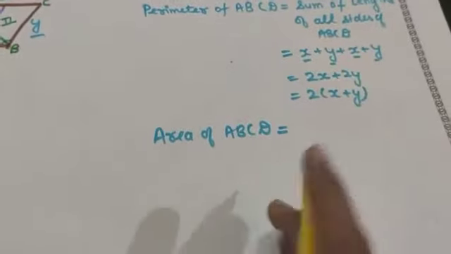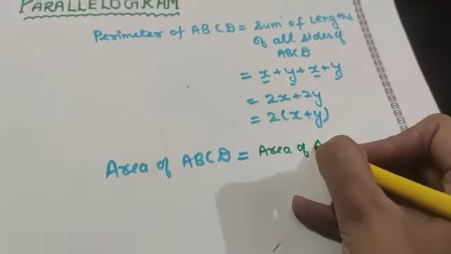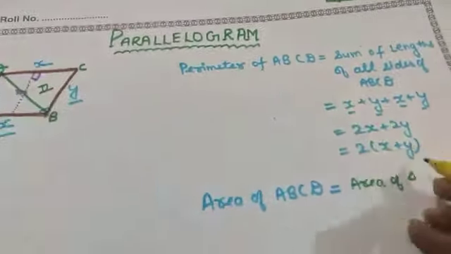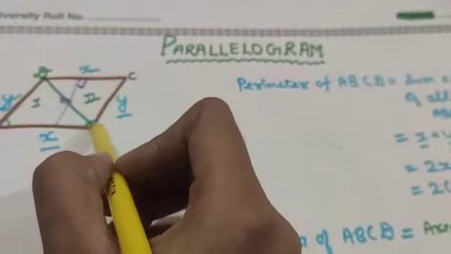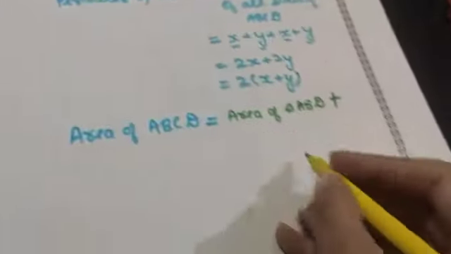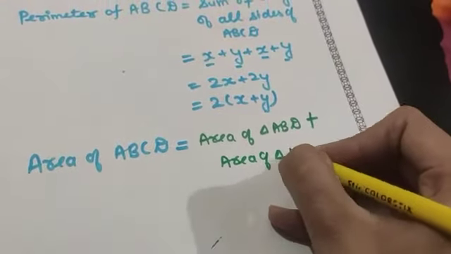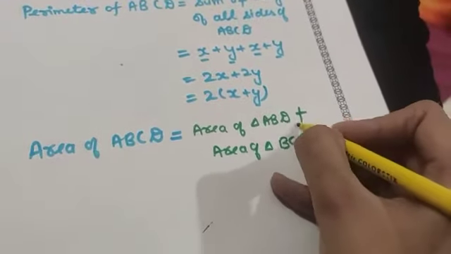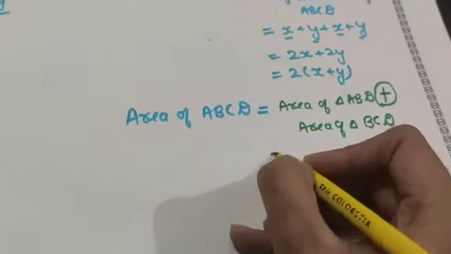Means the area of parallelogram ABCD is equal to the area of triangle ABD plus the area of triangle BCD. So if we can compute the area of these two triangles and add them, we can find the area of this parallelogram. So let us do it.